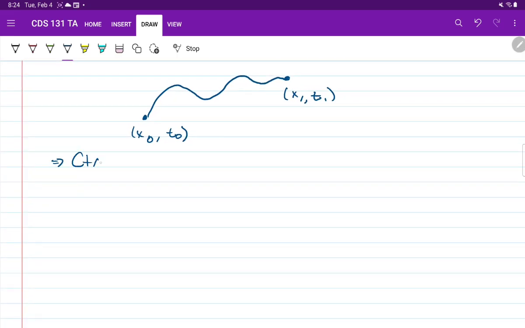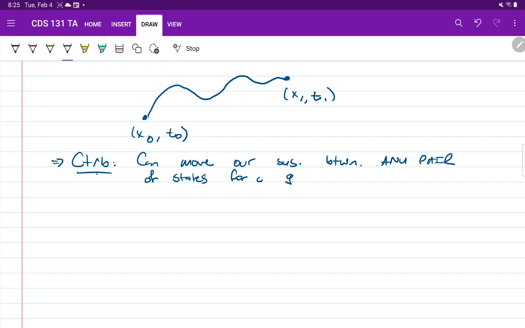So the basic idea of controllability is that we can move our system between any pair of states for a given set of times.